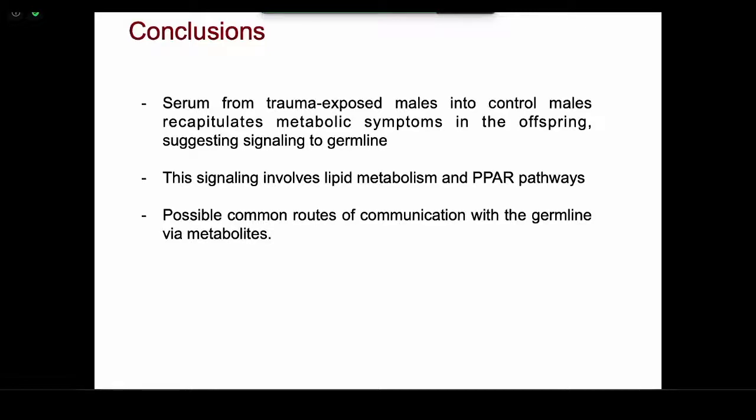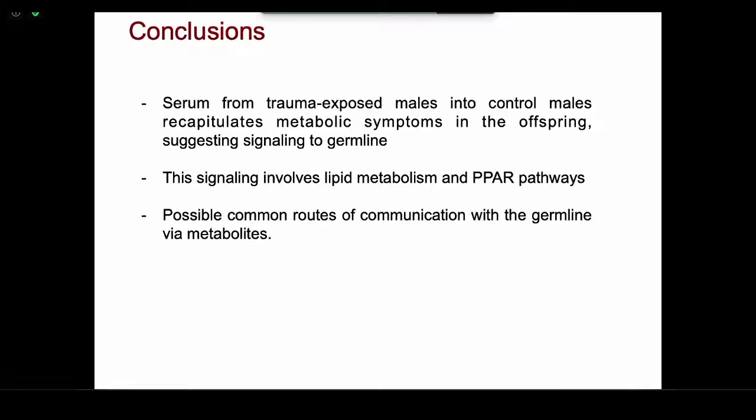So in conclusion, serum from trauma-exposed males injected into control males can recapitulate some of the metabolic symptoms in the offspring, suggesting signaling through the germline, and that this signaling involves lipid metabolism and PPAR pathways, probably not only PPAR pathways, but PPAR pathways are involved in this signaling.